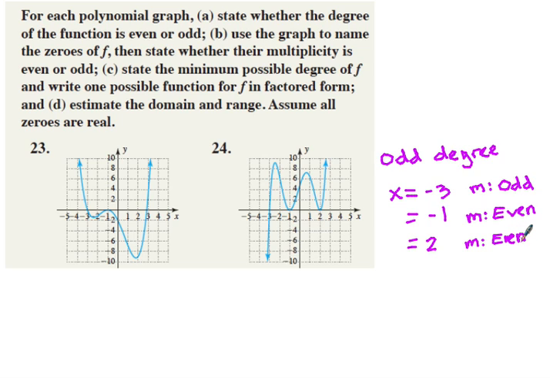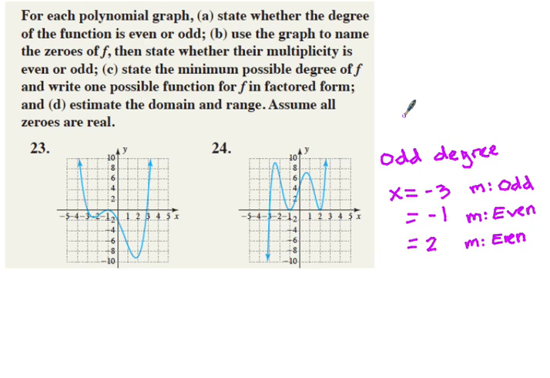Okay, good. And then the next piece that's going to be asked is state the minimum possible degree that this function could be. So if we think about it minimally, anytime it cuts straight through, the smallest multiplicity it could be is 1. Anytime it bounces, the smallest multiplicity it could be is 2. So this would be 1, 2, 3, 4, 5.